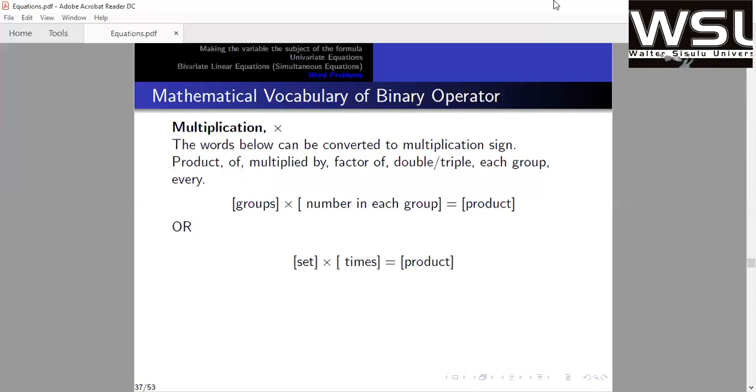Or it could be the set or the whole thing multiplied by the number of times it may appear, or each group it appears, and which will give you the product.